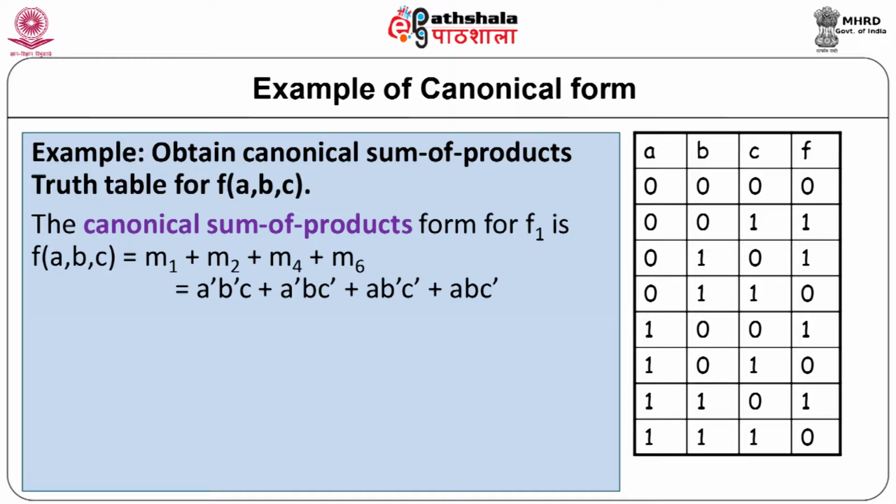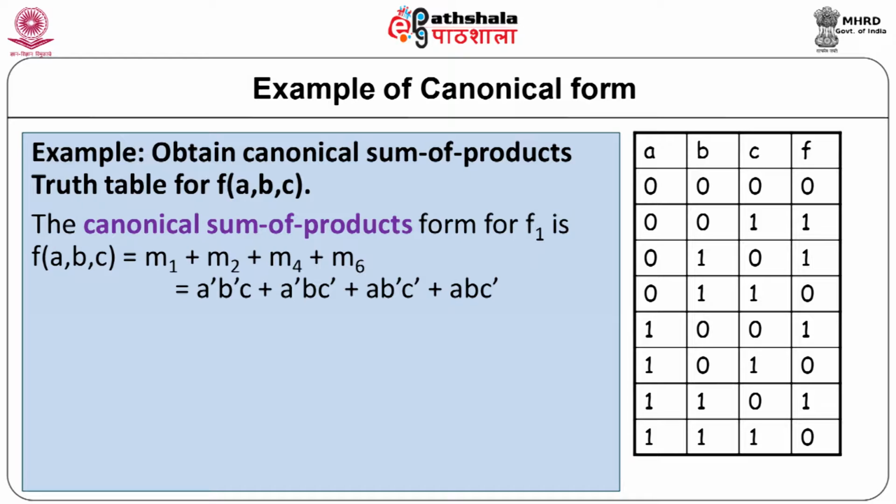So, m1 is represented by a bar b bar c, or with a bar b c bar, or with a b bar c bar, or with a b c bar.